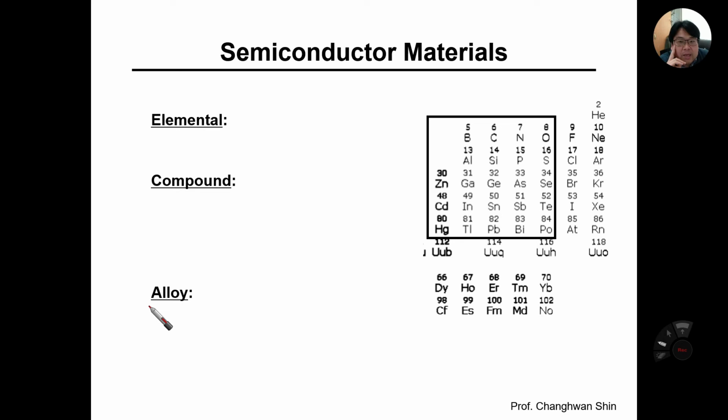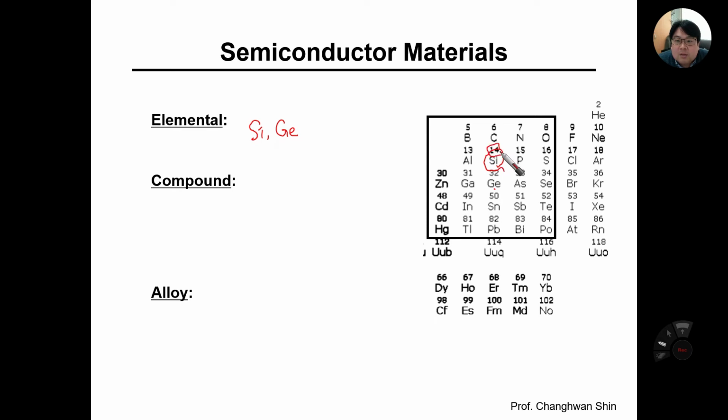So what is one of the main examples of an elemental semiconductor? Well, definitely it is silicon or germanium. You can find silicon and germanium in the periodic table here.